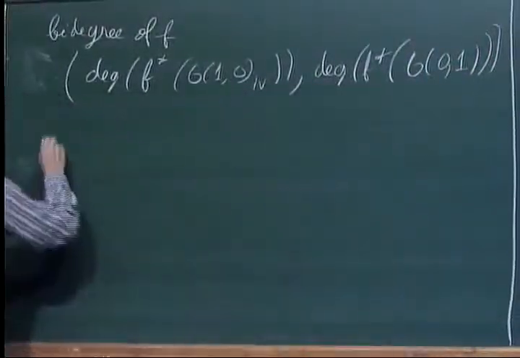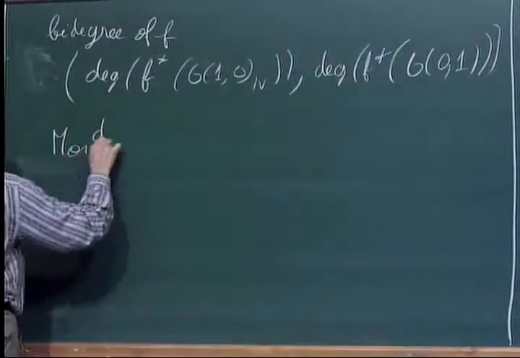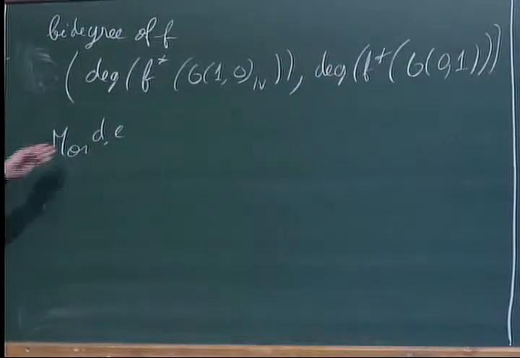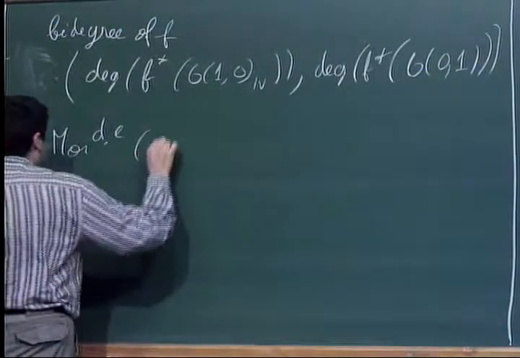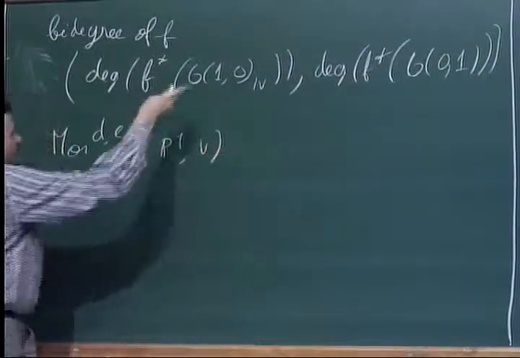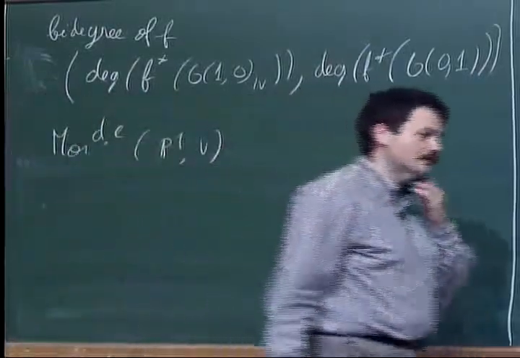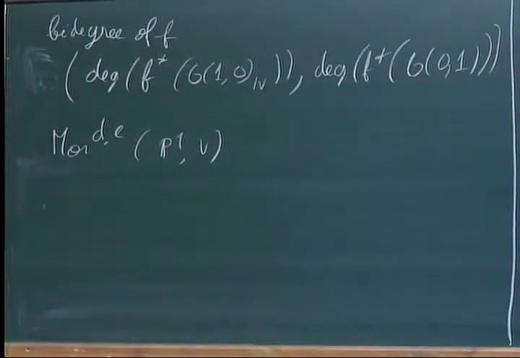And I shall denote by morphism of B degree d, e, from P1 to V, the maps with fixed B degree.